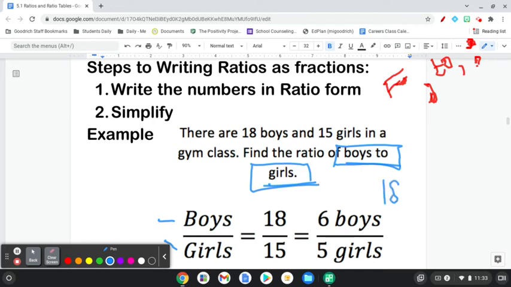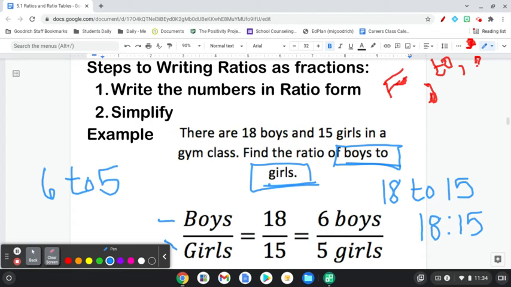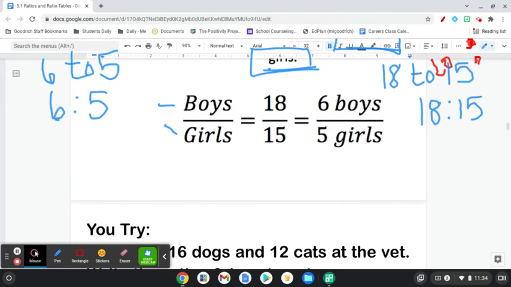It also could have been written as 18 to 15 with the colon. And of course, you would simplify it to 6 to 5. Order matters. If you need more time, you can pause the video to finish those notes.